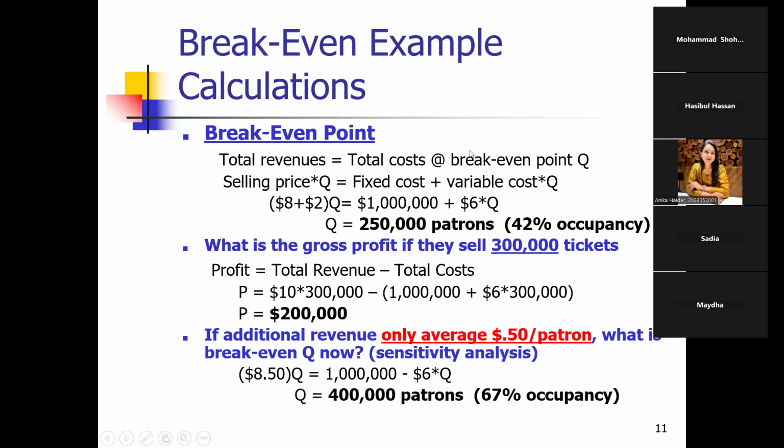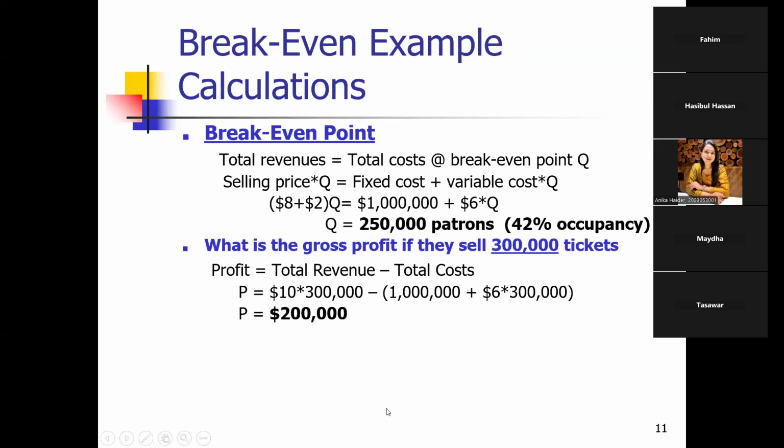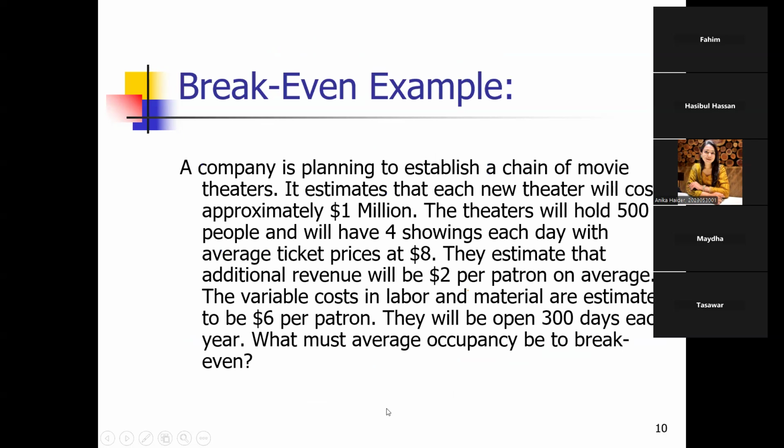Sir, how do we get 67%? 4 lakh divided by 500 seats, 4 showings, 300 days. 500 times 4 times 300 equals 5 times 4 equals 20, times 3, 60.